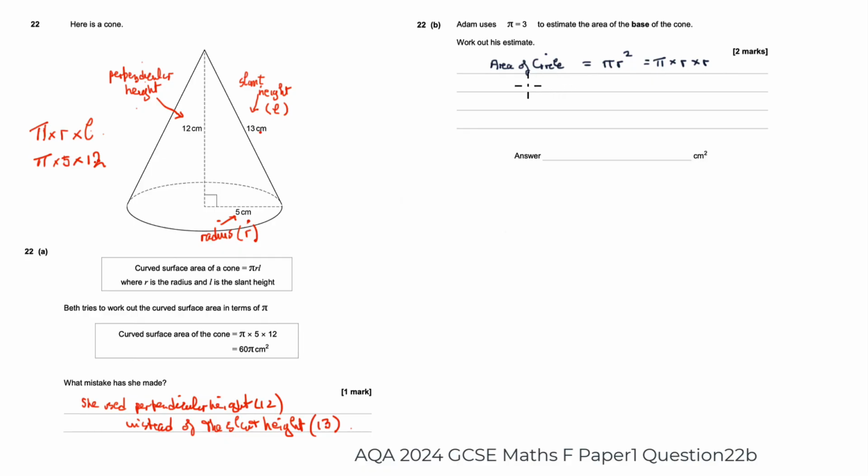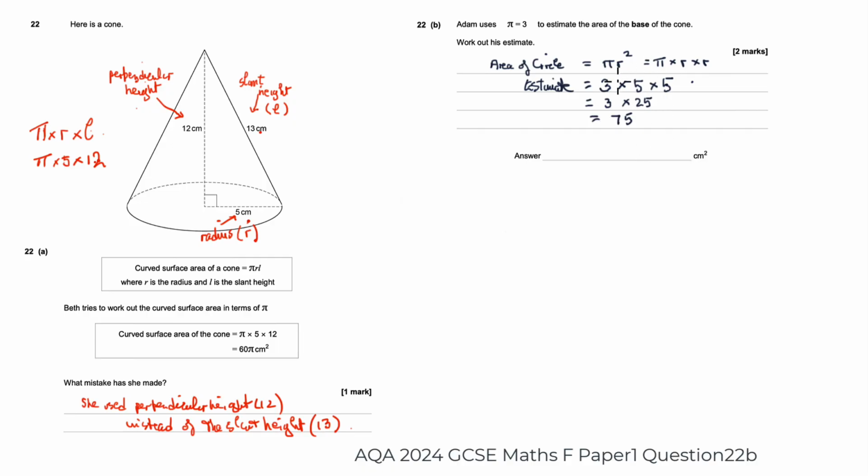So his estimate is 3, that's what he's using for pi, approximately 3, times the radius was 5, times another 5. Now there are all sorts of ways of doing that. 5 5s are 25. 3 lots of 25 is 75.